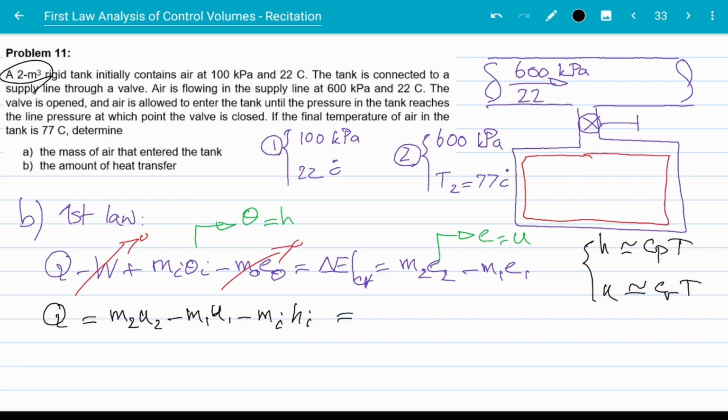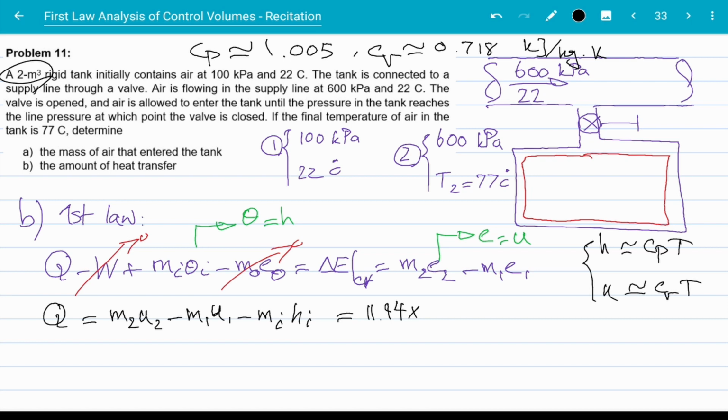So I'm going to do just that. Now, Cp of air is about 1.005, and Cv of air is about 0.718, both kilojoules per kilogram Kelvin. So I'm going to use that. M2 from previous page, I know that it's 11.94.